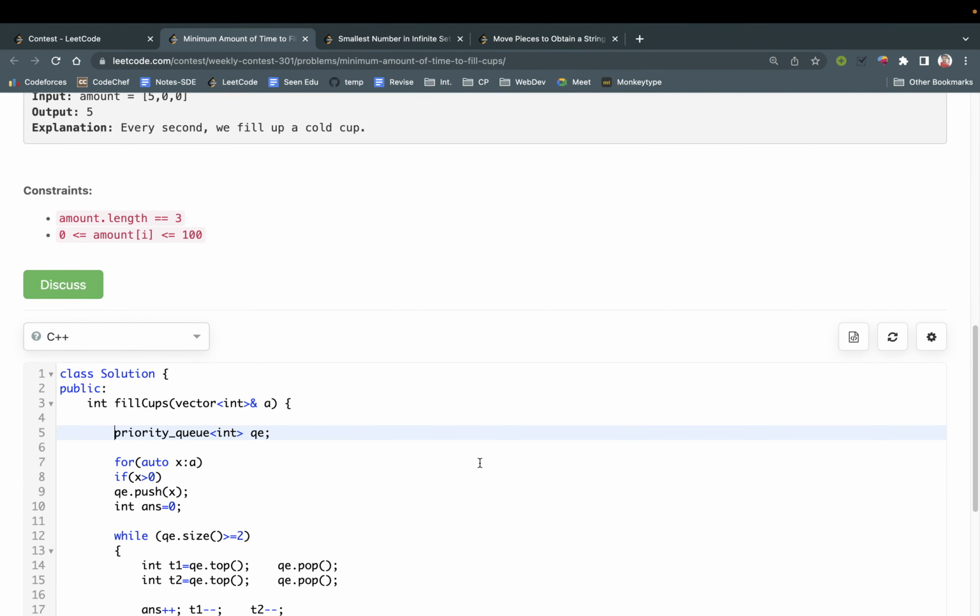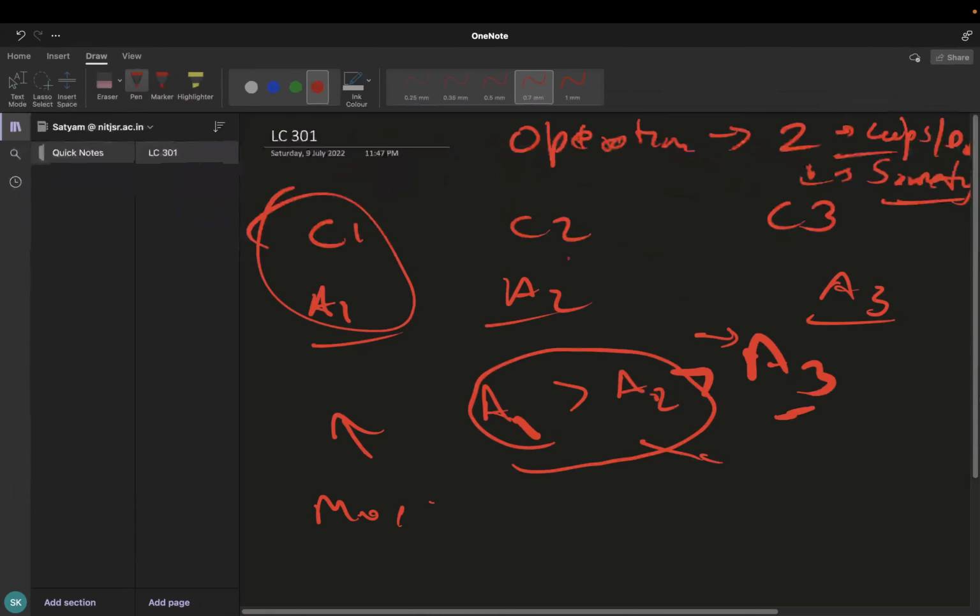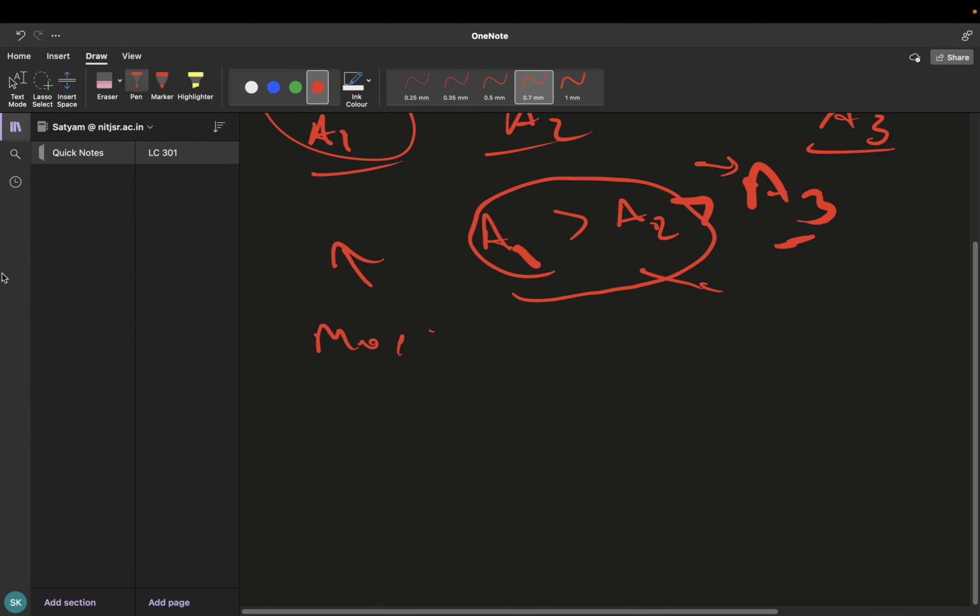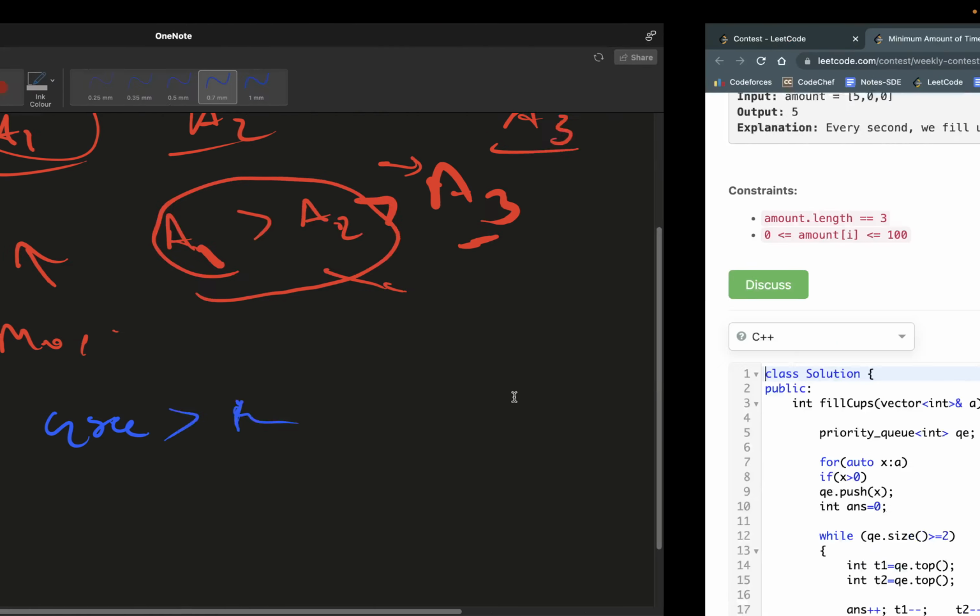In the priority queue, it will store in descending order, meaning the greater amount is always at the top of the priority queue data structure.